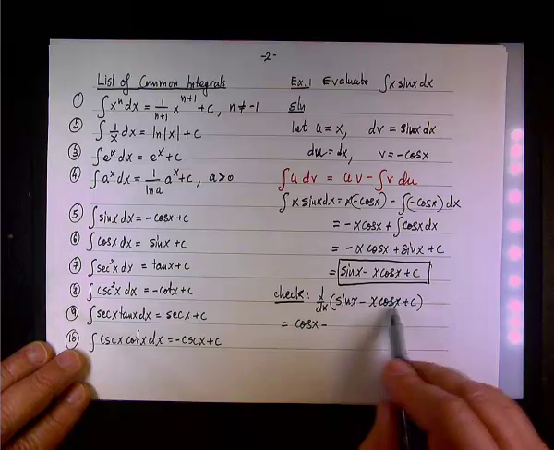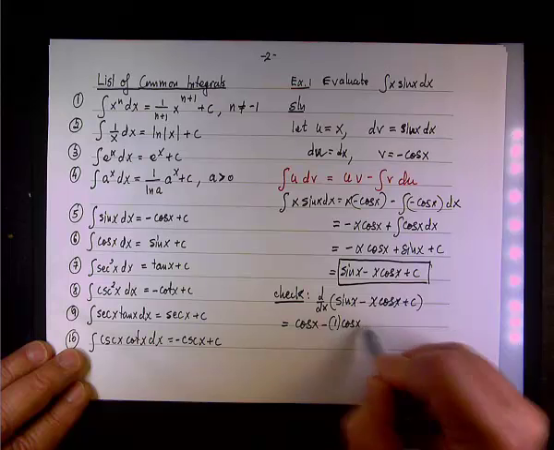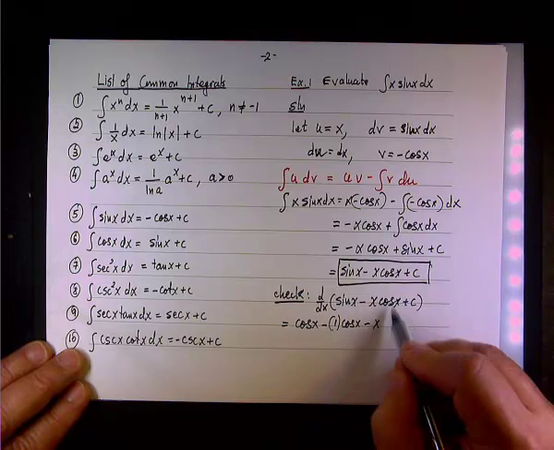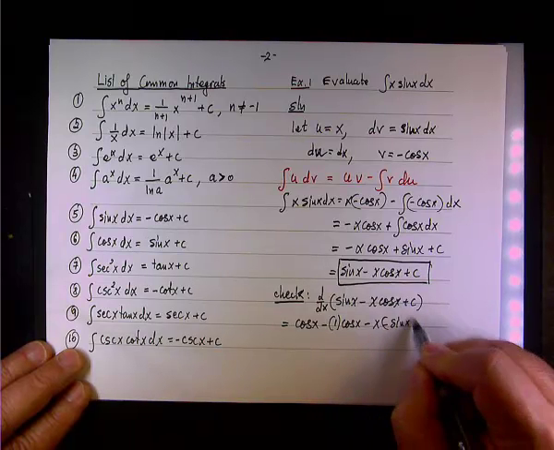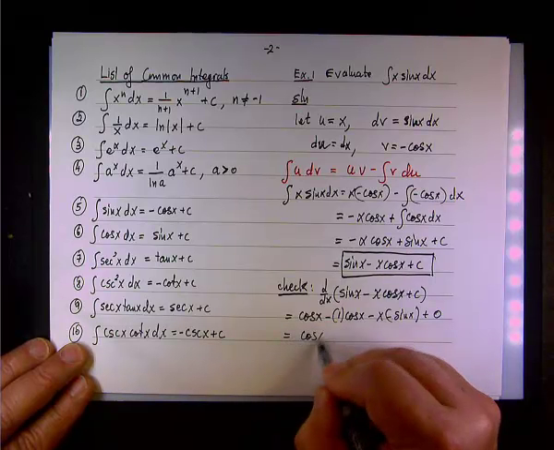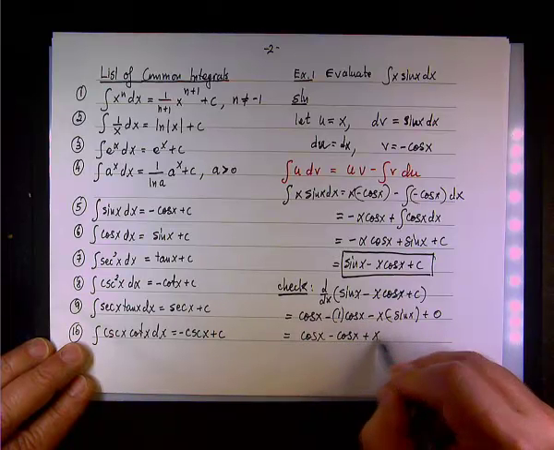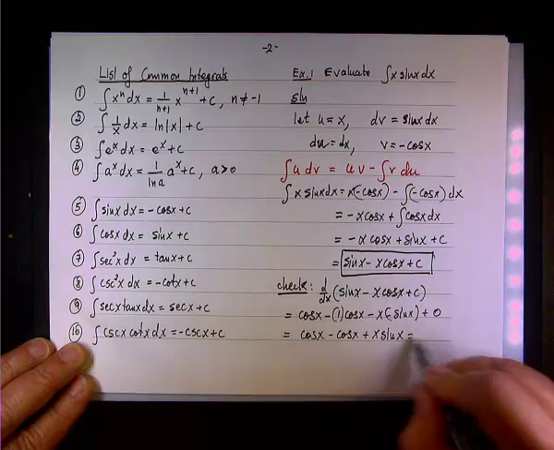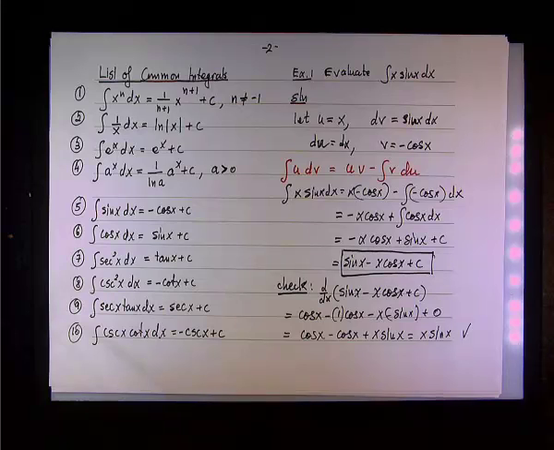So let's differentiate this, and we have cosine x, and here we have minus, and I apply the product rule, so it will be 1 times cosine x minus x times the derivative of cosine, which is negative sine. And of course the derivative of c is 0. So we have cosine x minus cosine x plus x sine x, and it's x sine x.